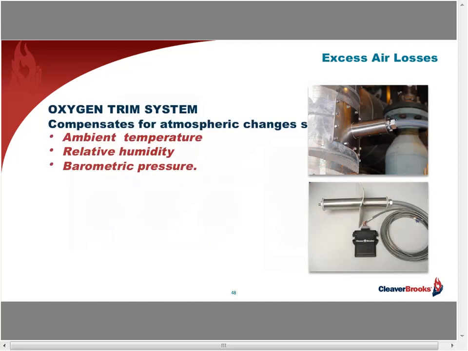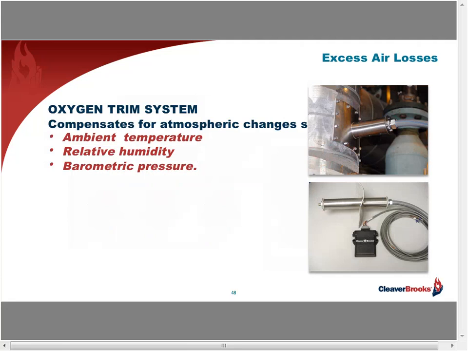When I spoke of maintaining the proper fuel-air ratio with parallel positioning control, this may not be enough in certain situations because it does not account for conditions beyond our control, especially if they're extreme, because we may be losing efficiency here. The conditions I'm talking about are ambient temperature, relative humidity, and the barometric pressure.